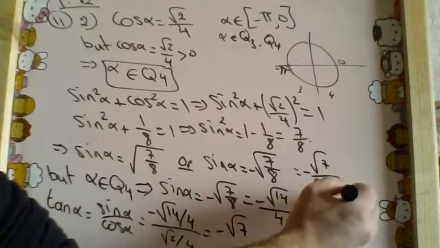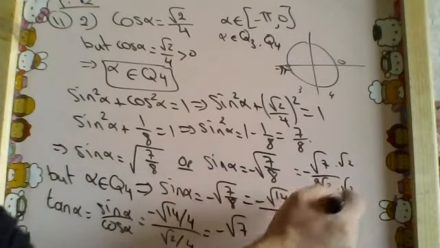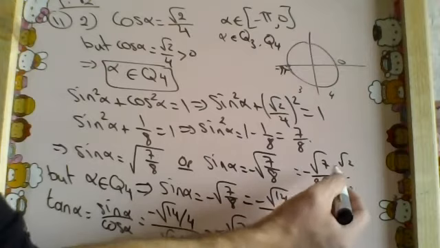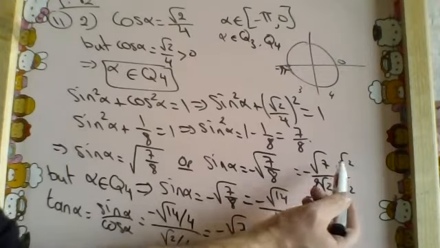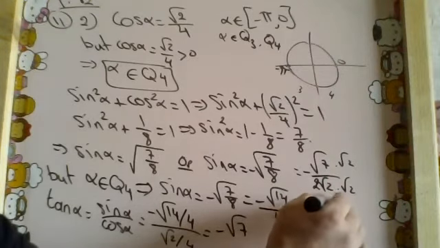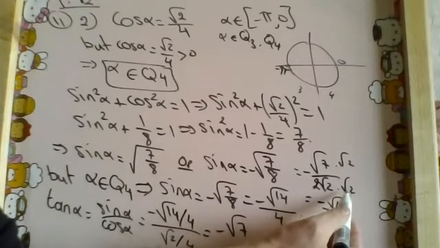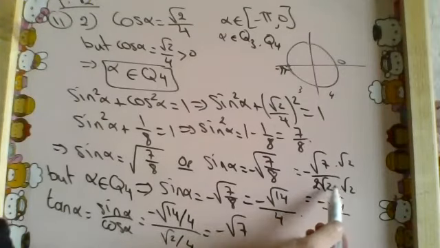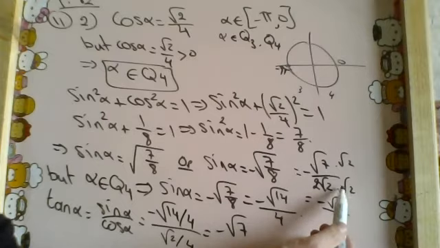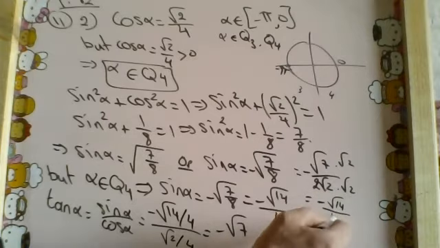Then rationalize, multiply by radical 2 here and here by radical 2. So you get negative radical 7 times radical 2, which is radical 14. And here radical 2 times radical 2 is 2, 2 times 2 is 4. Okay.